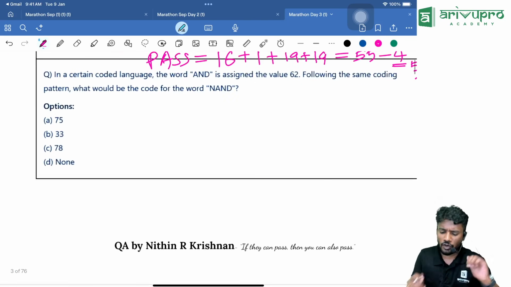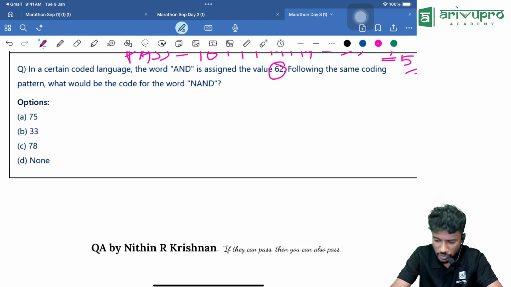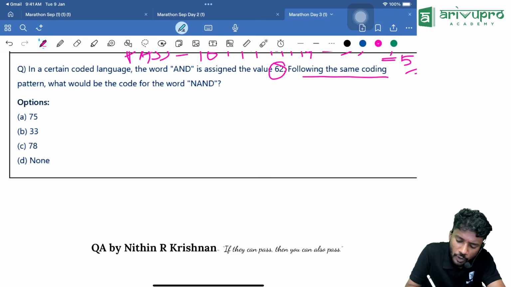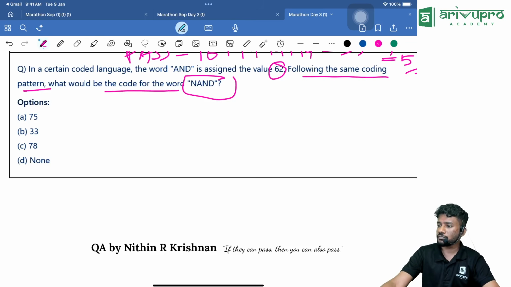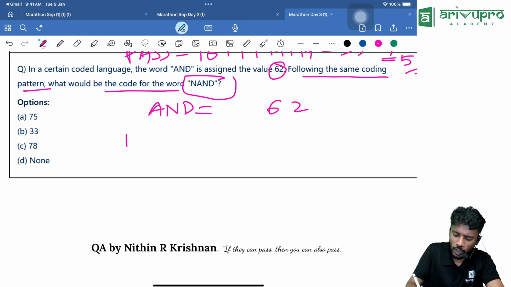In a certain code language, the word AND is assigned the value 62. Following the same coding pattern, what would be the code for NAND? AND is coded as 62. Now in the forward position, A is 1 plus N is 14 plus D is 4.